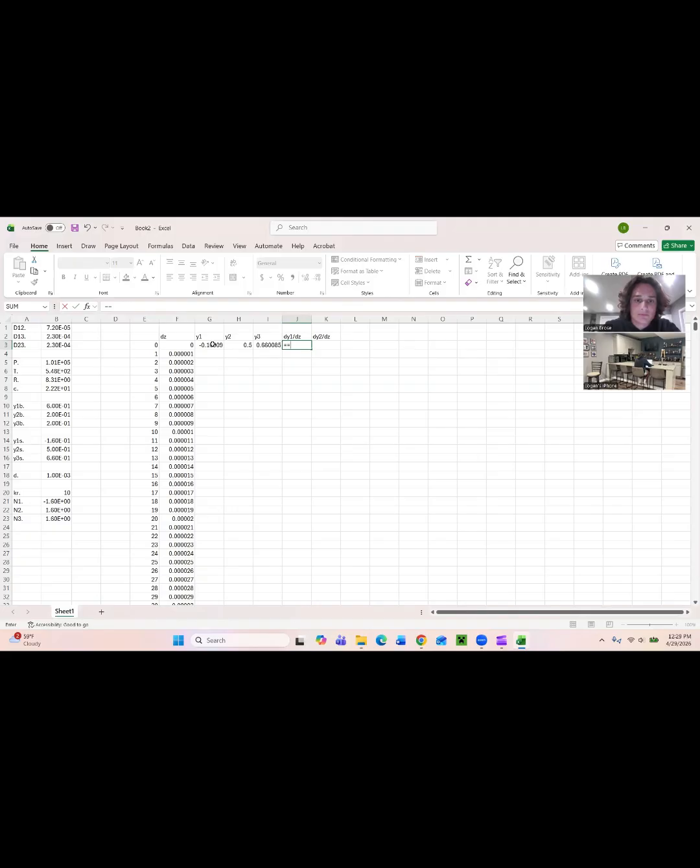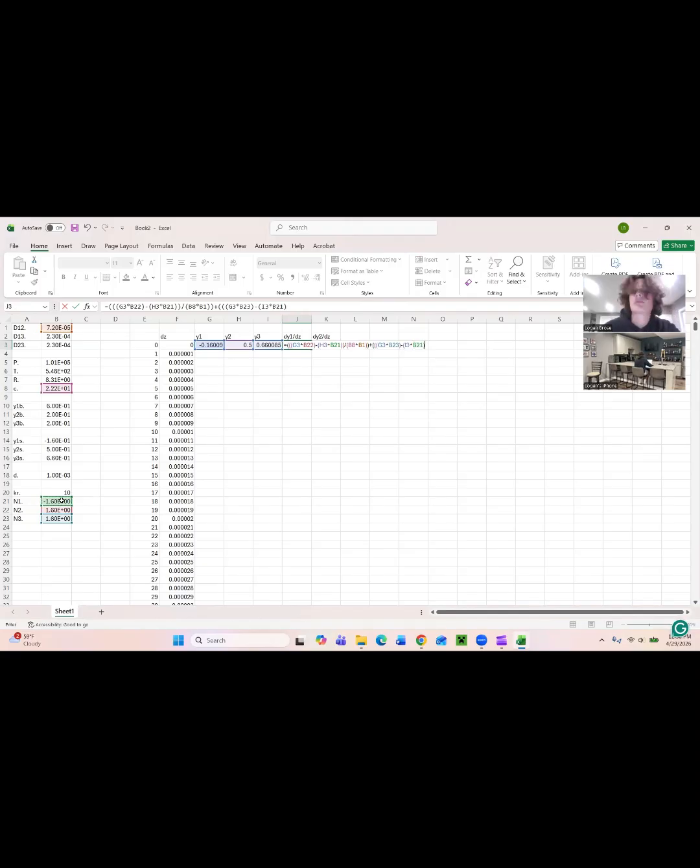So it will equal our G times our N2 minus our H3 times N1, divided by our concentration times our D12, and then plus our Y1 times our N3 minus our Y3 times our N1.